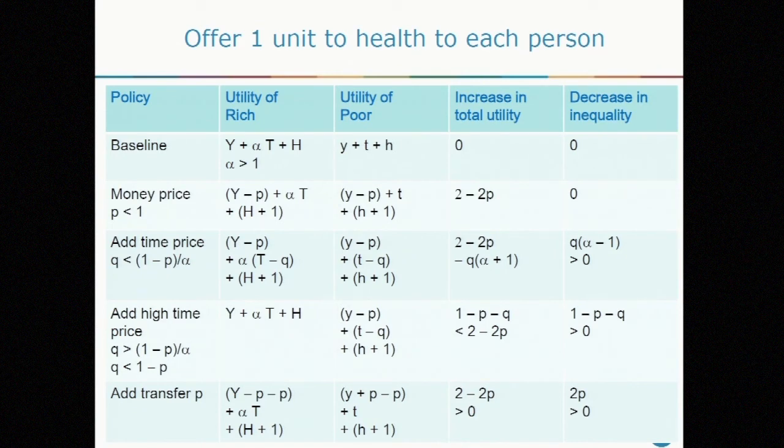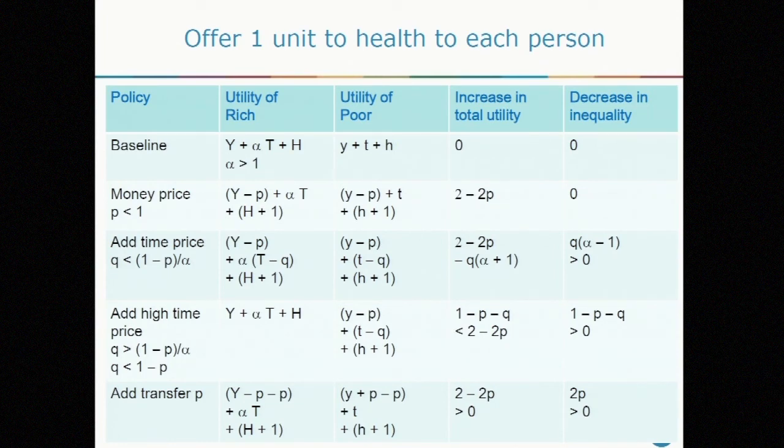So that's the baseline. Then we could make this health improvement available at a money price of P to each person. The P has to be smaller than 1 for each person to be willing to buy it. And if they do, the rich person will have income Y minus P, health H plus 1. Similarly for the poor person.